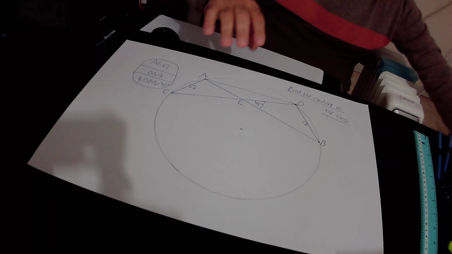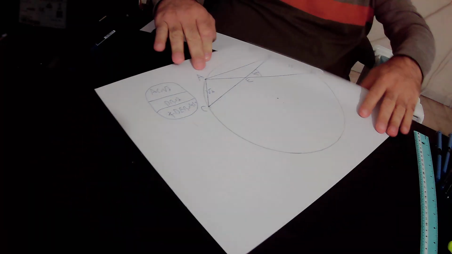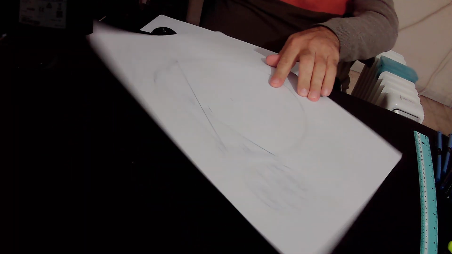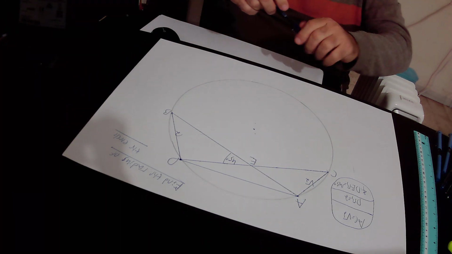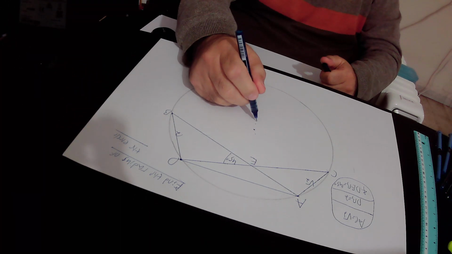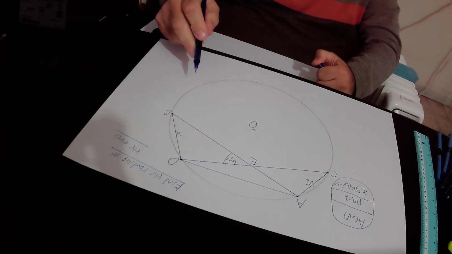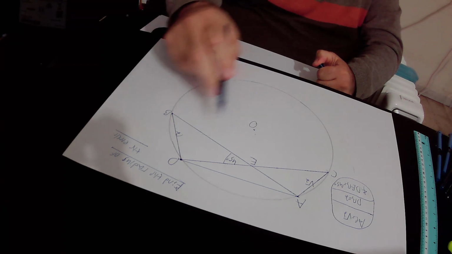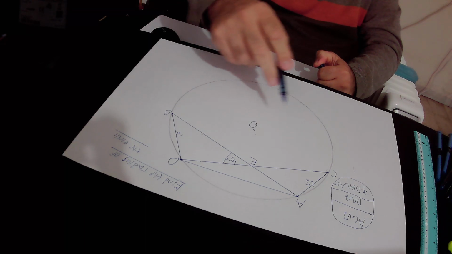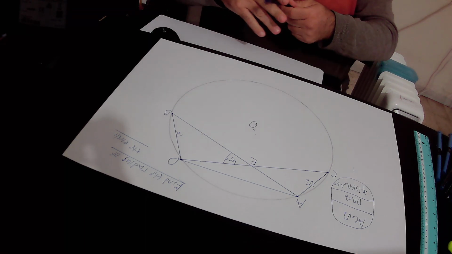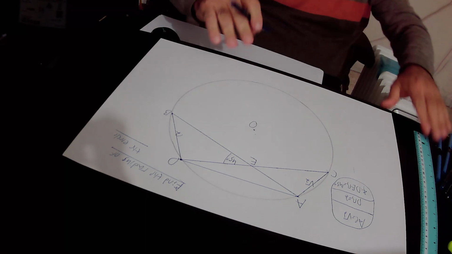In the next step, we define the center of this circle, this point, as point O, and then we join points O and B, O and D, O and A, and O and C by a straight line.